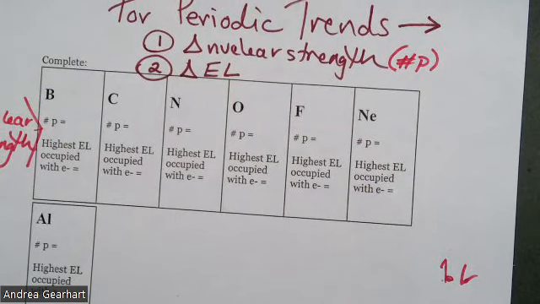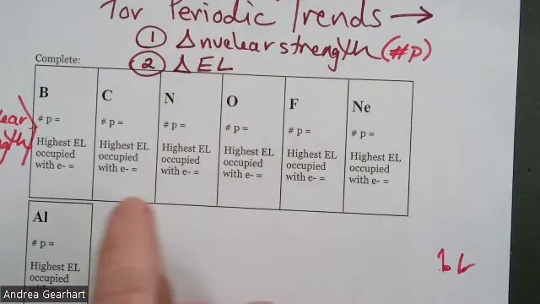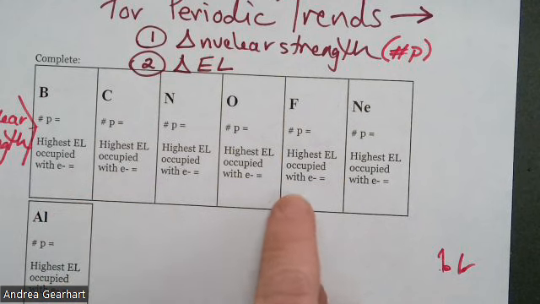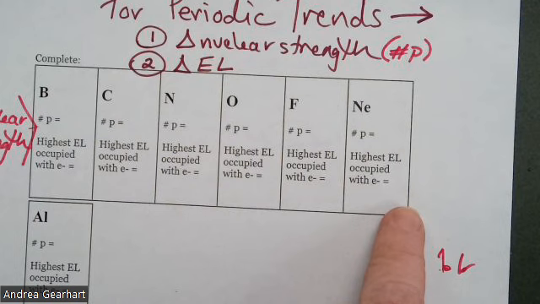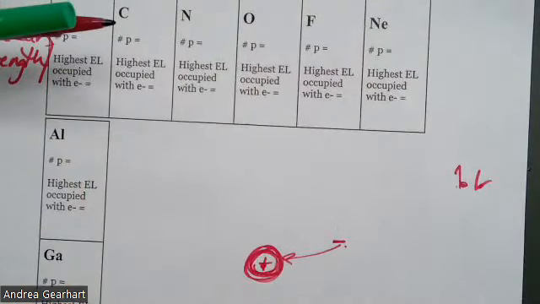Okay, so look. As you go across the period, how is energy level changing? Stays the same. It's not. As you go downward.